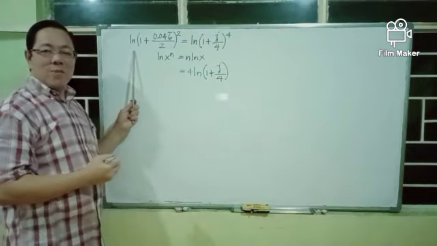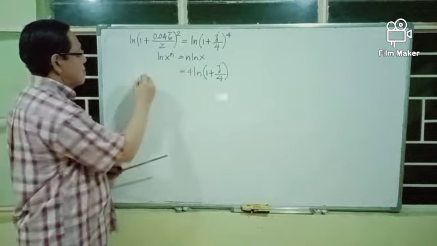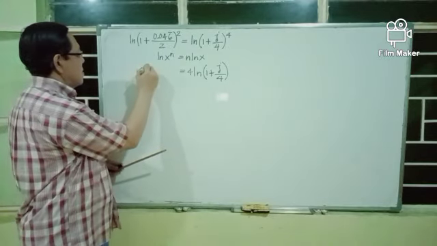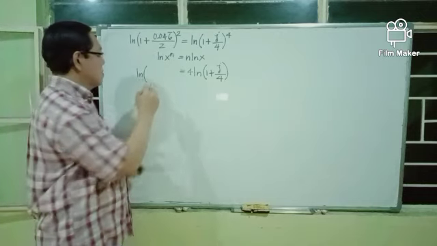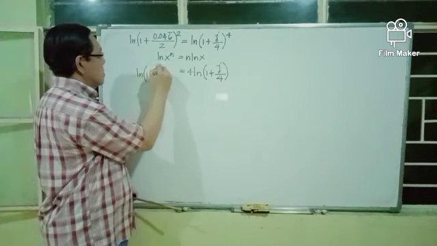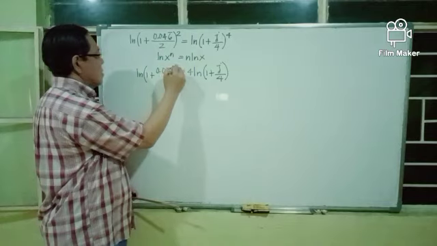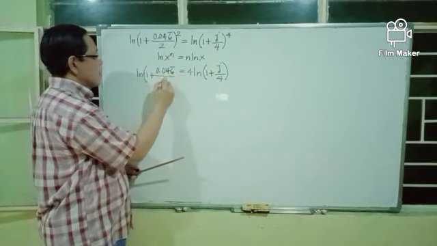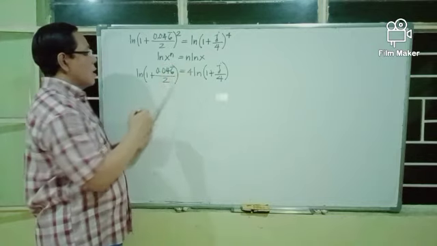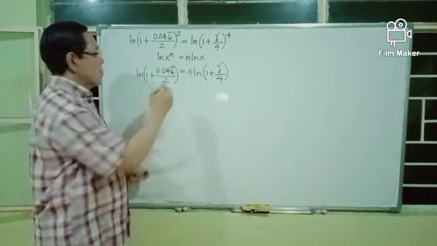The left hand side of the equation is the same. Ln of 1 plus 0.046 repeating divided by 2 and raised to the power 2.